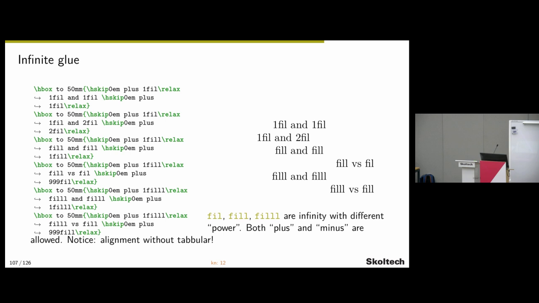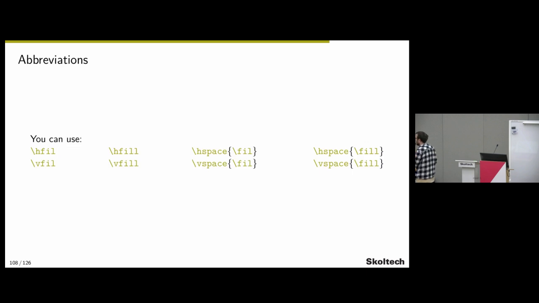If there is infinite glue, it's much stronger than any other glue. If something has a more powerful infinity, it will be stronger than the previous. There are some abbreviations to make this simpler.